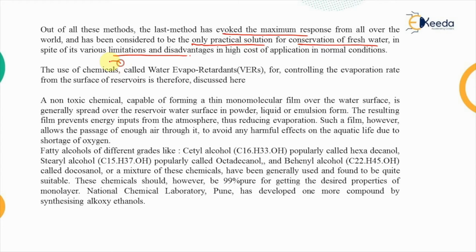Now, these chemicals are known as water evaporation retardants, that is WERs. For controlling the evaporation rate from the surface of the reservoir, we cannot use toxic chemicals. So the chemical that we are using must be non-toxic, and it should form a thin monomolecular film over the water surface.